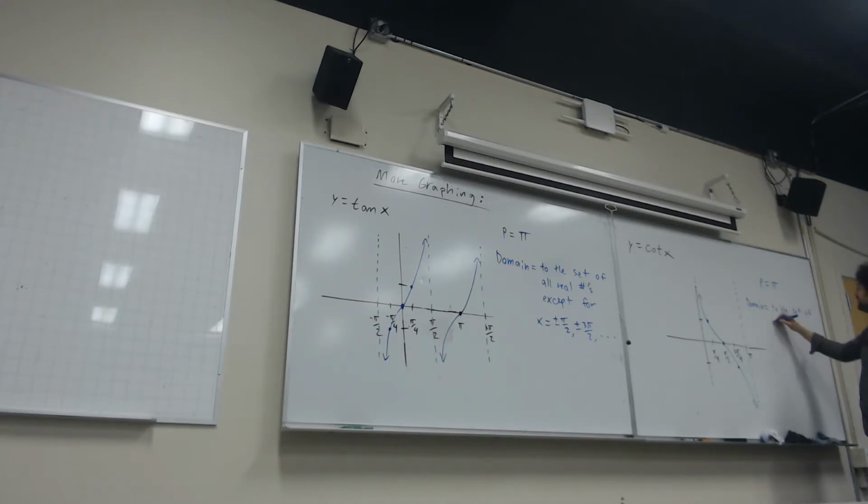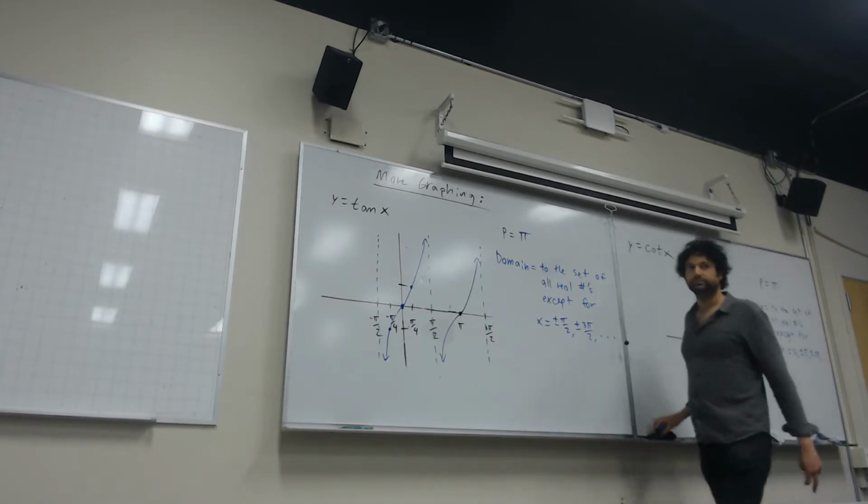The set of all real numbers except for x equal to plus minus, well, we have to start with 0. 0, plus minus pi, plus minus 2 pi, so we're integer multiples of pi.